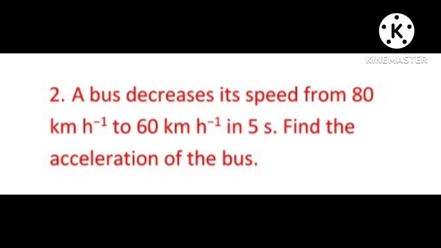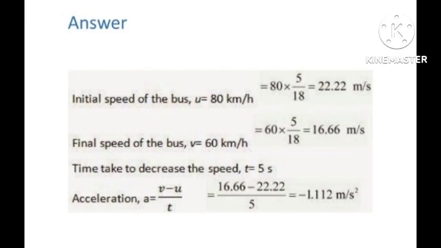Question number 2. A bus decreases its speed from 80 km per hour to 60 km per hour in 5 seconds. Find the acceleration of the bus. Now look at the question. What does it mean?